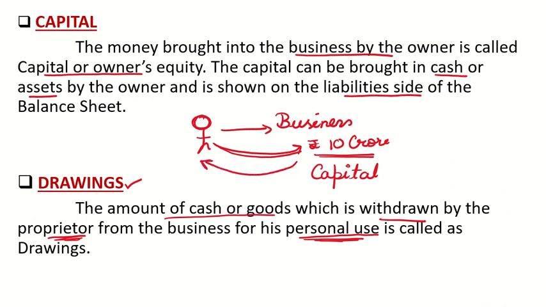If he withdraws the money from the business for his personal use, then that money is known as drawings. So capital was the money invested into the business, and drawings are the money withdrawn from the business for his personal use. As simple as that.